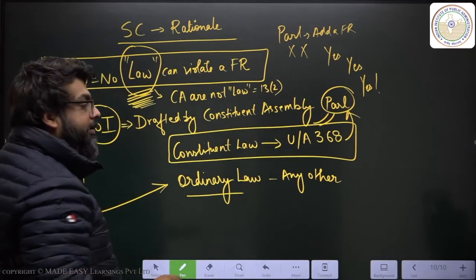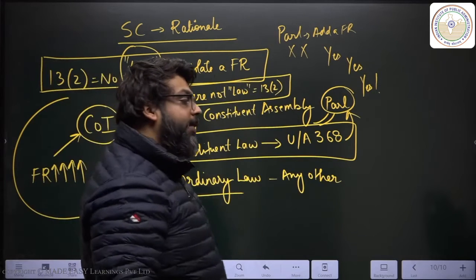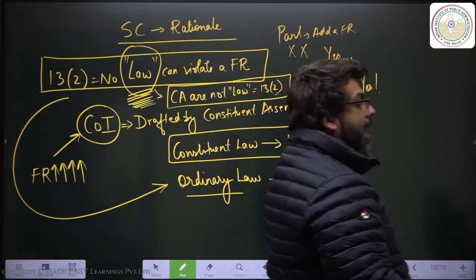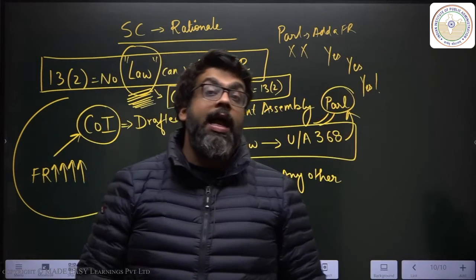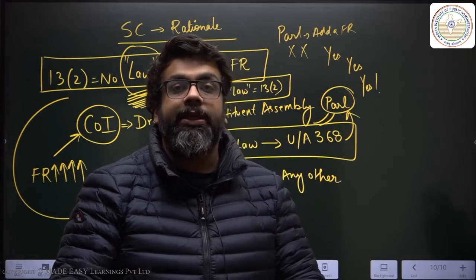And let me tell you, boys and girls, this is still the case today, even on the 3rd of February 2021. If I ask you, are constitutional amendments law as per 13 Clause 2? The answer is a clear and a strict no.